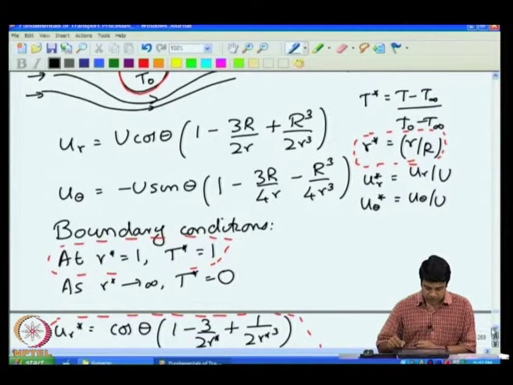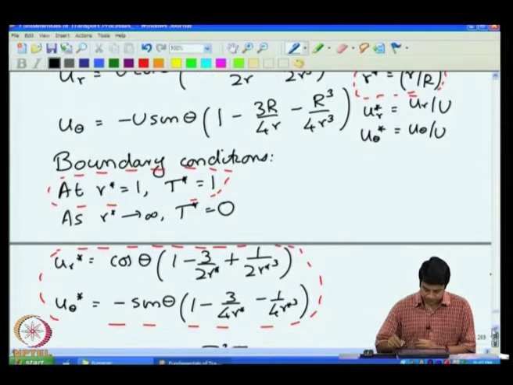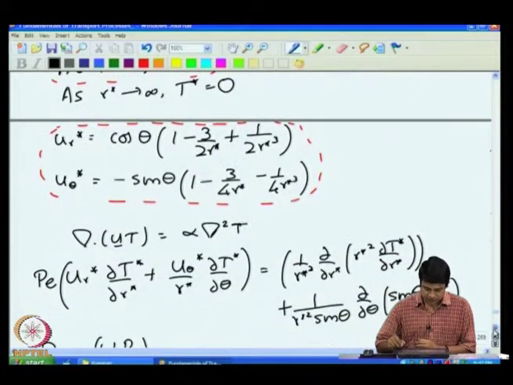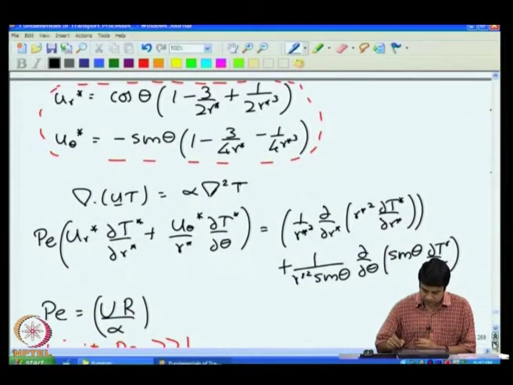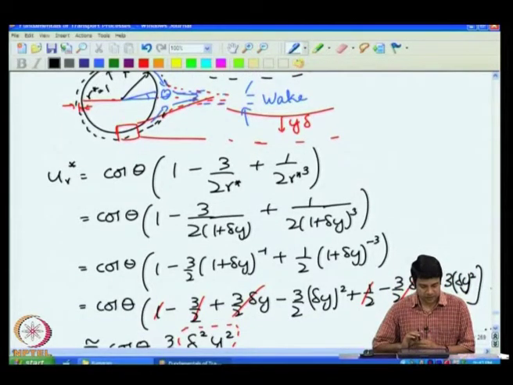Since the thickness of the boundary layer is small compared to the radius of the particle, we can use an expansion for the velocity fields in terms of the distance from the surface, labeled as delta y. Delta was the boundary layer thickness, y was the distance from the surface, which is order 1 in the limit as Peclet number goes to infinity.